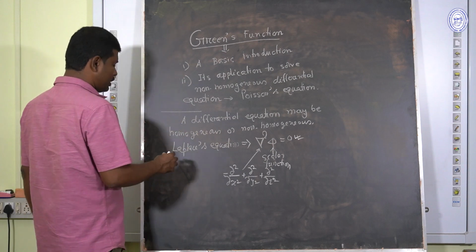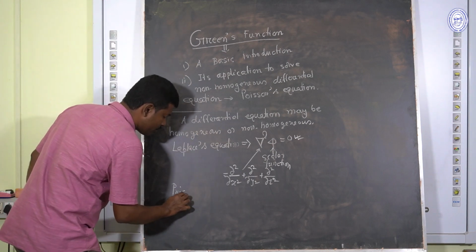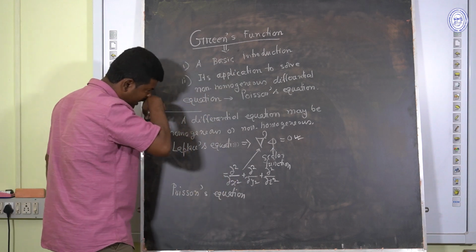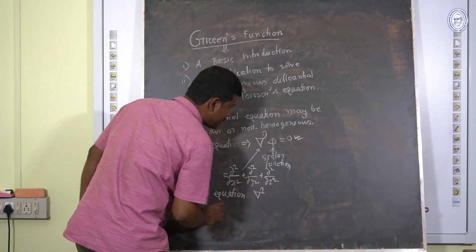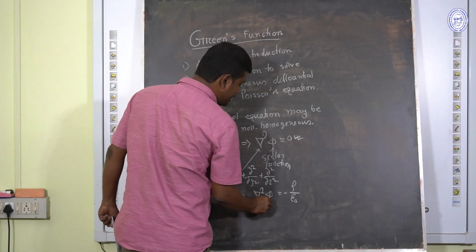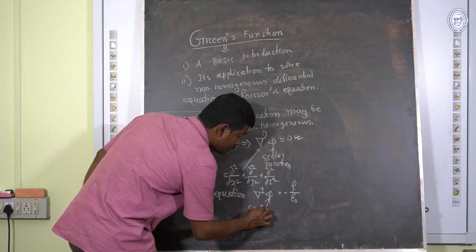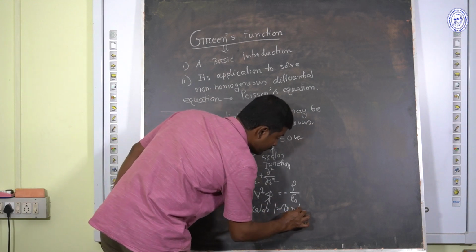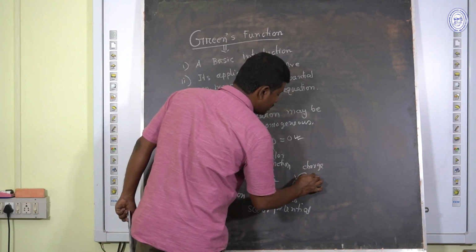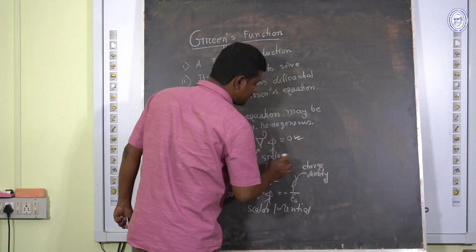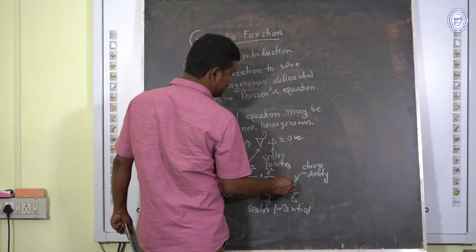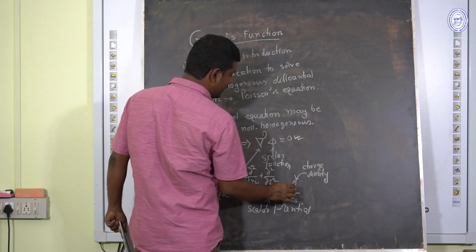But instead of the Laplace equation, if we consider Poisson's equation, Laplacian operator phi equal to minus rho by epsilon 0, where phi is called the scalar potential and rho is the charge density, this is an inhomogeneous equation, because the right hand side is non-zero and is a function of x, y and z.